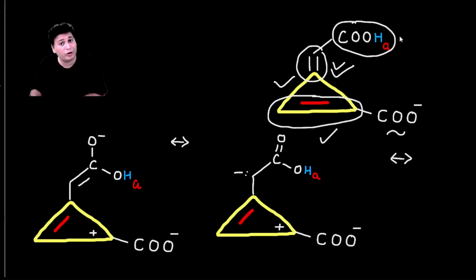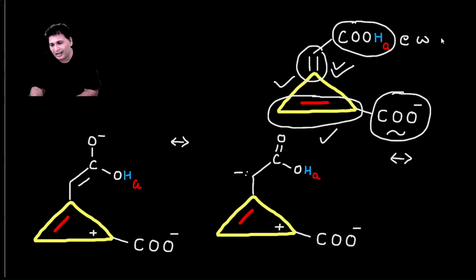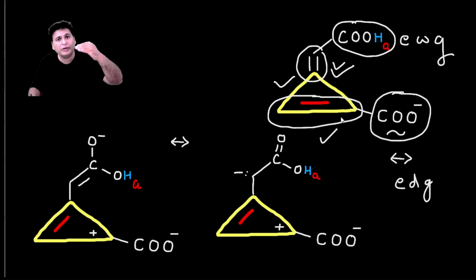COOH is electron withdrawing in nature, and COO minus is electron donating in nature. Now what happens if you try to shift these pi electrons? The natural choice will be towards the electron seeking group, the electron withdrawing group.